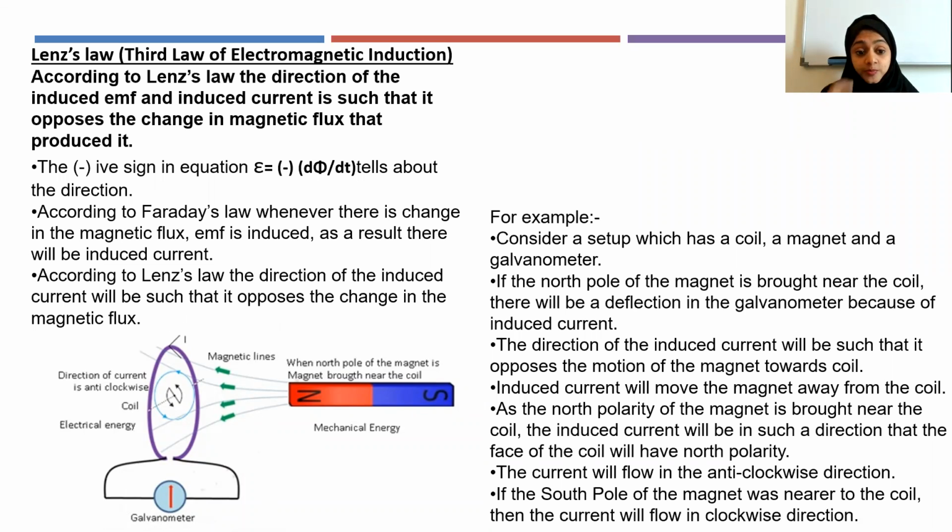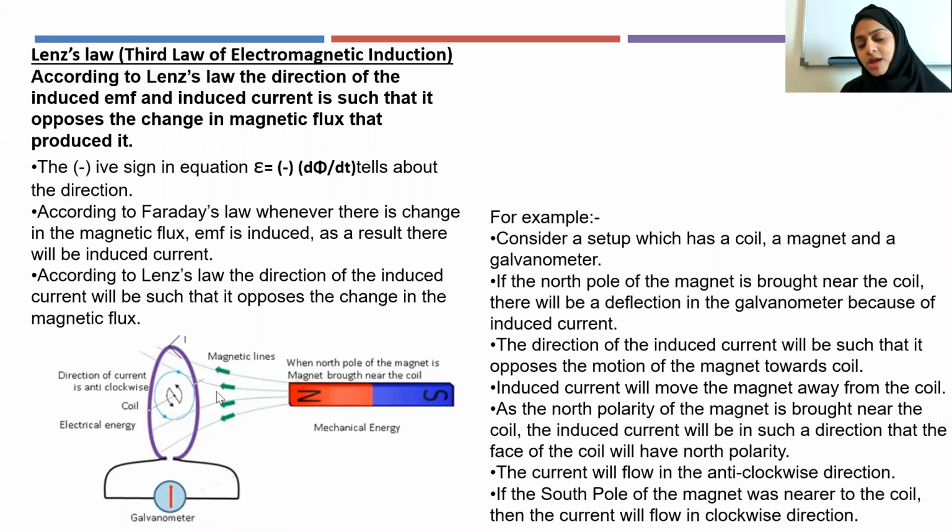Let us see how. Here, consider a bar magnet which is moving towards this coil of wire which is connected to a galvanometer. Now, when you push the bar magnet into the coil of wire, what happens? It's the north pole going into it.